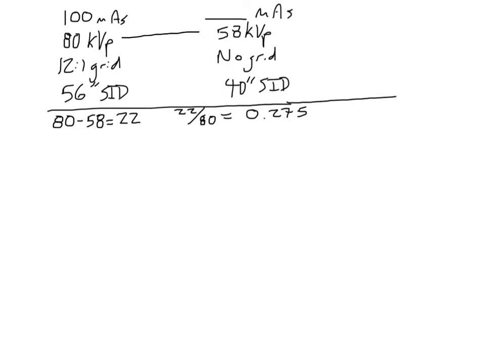So the very first thing that we've changed is we've decreased the KVP. So we need to figure out what percentage we've decreased the KVP. And so Chris has a really nice, neat way of calculating the actual percentage, which is to subtract the higher number from the lower number, so that you have just the difference between the two numbers, which in this case is 22, and then you divide that by the initial one.